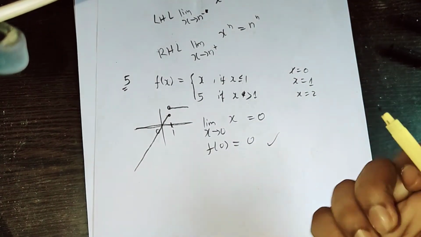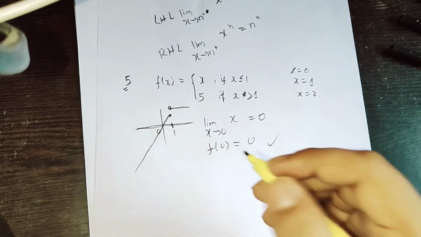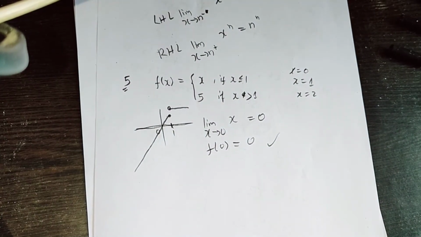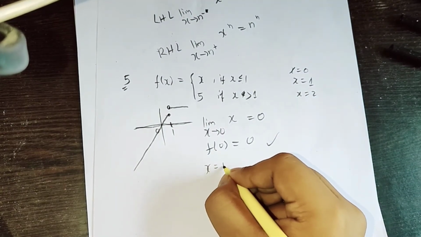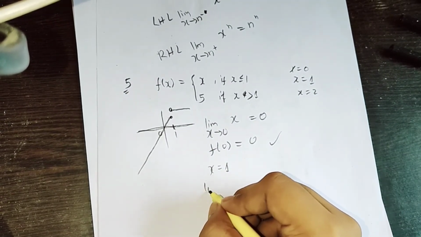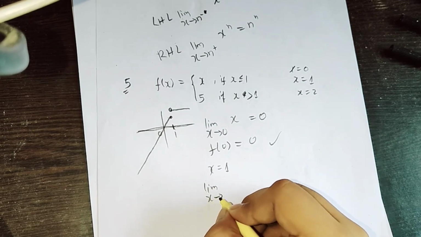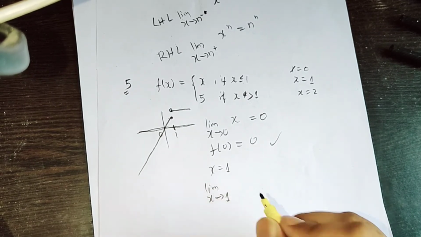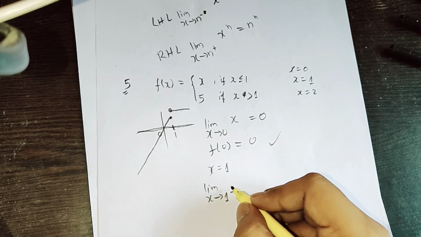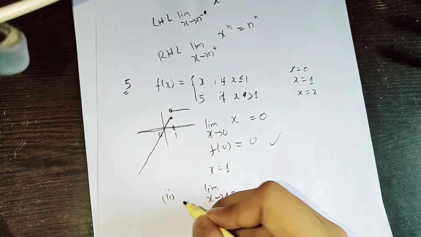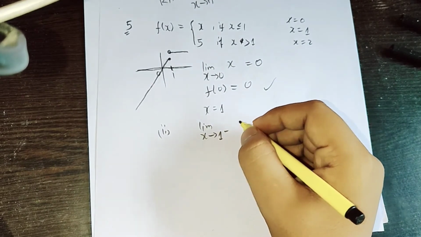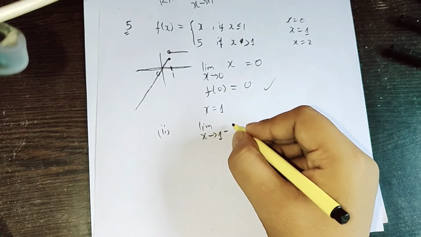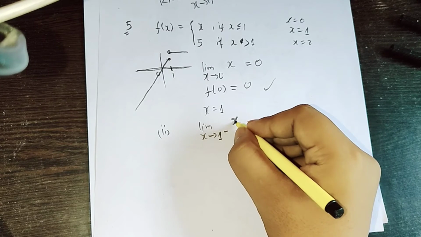In second part we have to check its continuity at x is equal to 1. So limit x tends to 1, and we will calculate LHL first. If it is less than 1, then x will come.